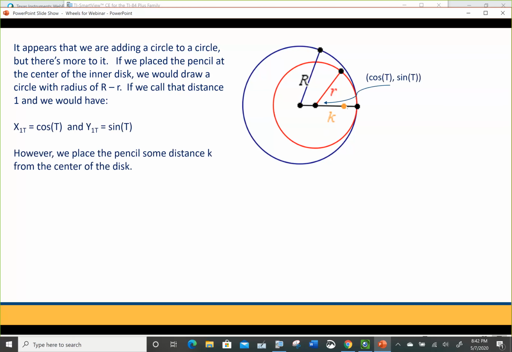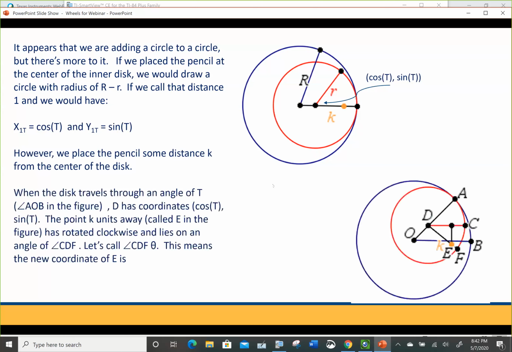So let's see what actually happens when we rotate the inner disc inside the outer circle. When the disc travels through an angle of t, and that's angle AOB in the figure, D, and by the way, this was D originally. It rotated through angle t. So now it has coordinates cosine t, sine t.